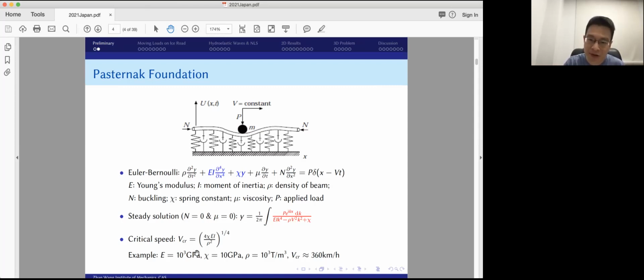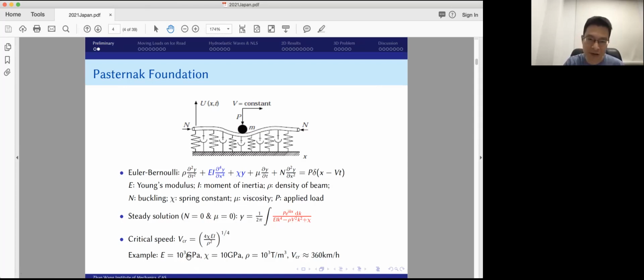When the velocity is slightly below the critical speed, the denominator could be near singular, so close to 0, and the amplitude y becomes large when you take the inverse Fourier transform, and then the system becomes unstable. So you should avoid the critical speed due to the resonance between the two forces.